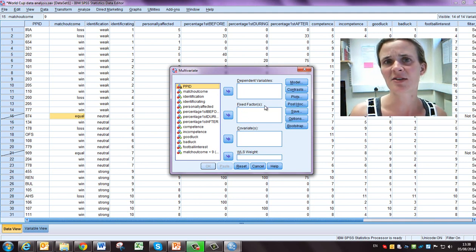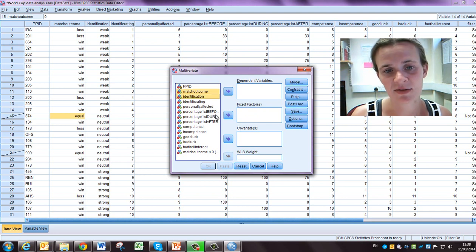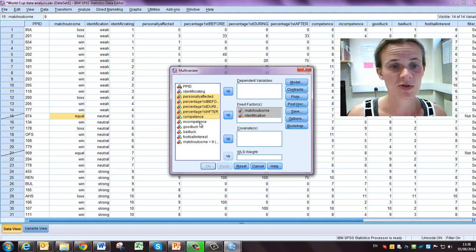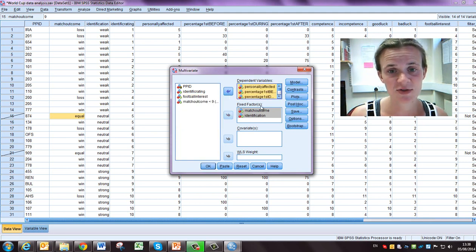It's called fixed factors, so don't be dismayed by that. It's just a different word for independent variable. So you put match outcome and identification in there, and personally affected, percentages of first person, competence, incompetence, good luck, bad luck, we put as dependent.